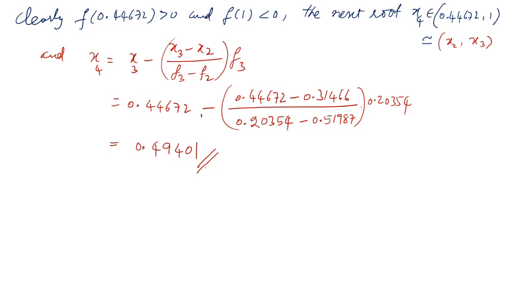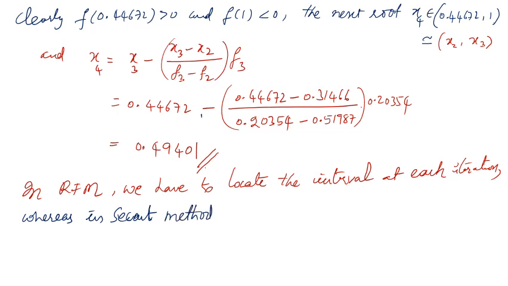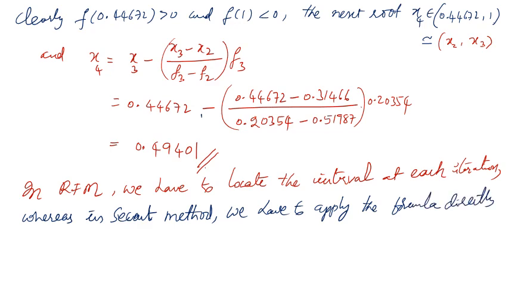So what is the main difference? In the regular false method, in RFM, we have to locate the interval at each iteration, whereas in the secant method we have to apply the formula directly without locating the interval.